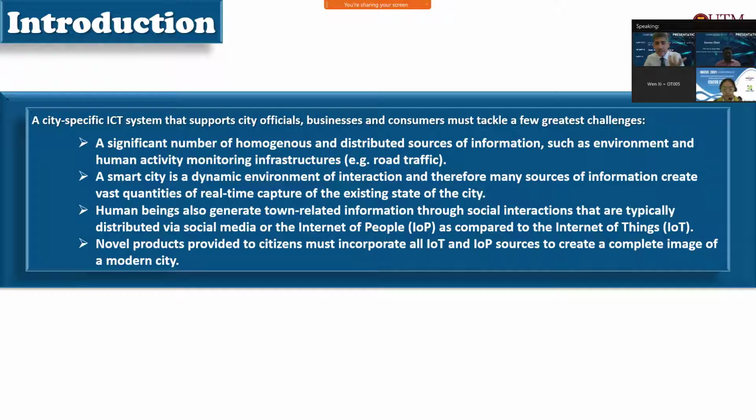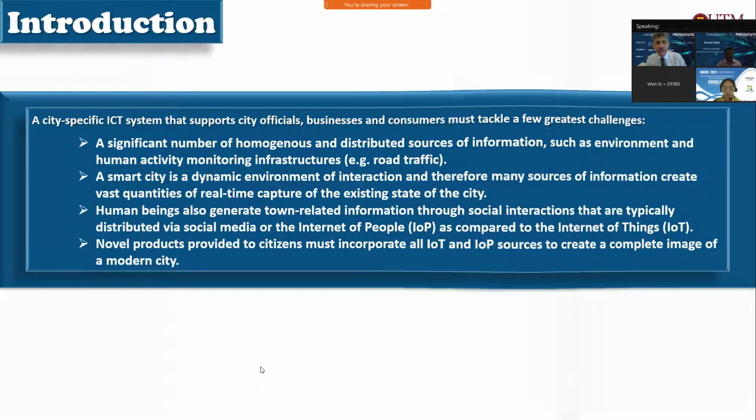Human beings also generate town-related information through social interaction that is typically distributed via social media or the Internet of People, as compared to the Internet of Things. So novel products provided to citizens must incorporate all IoT and IoP sources to create a complete image of the modern city.